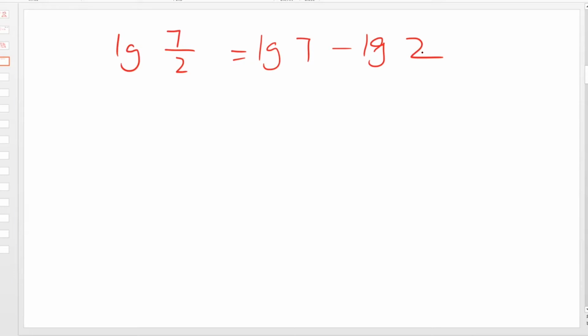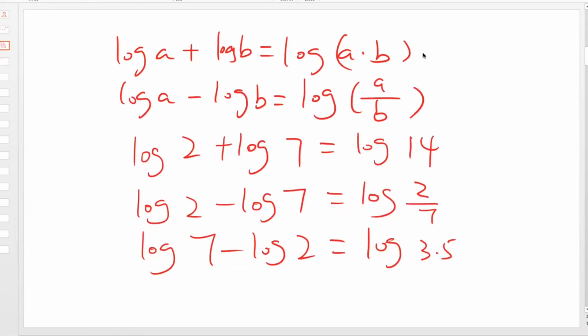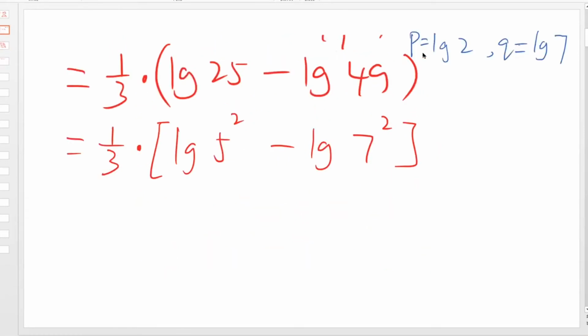Okay, so let's move on to the next question first. Actually, I got the answer for this one. Basically all we need to figure out with 2 and 7 is how do we get to 25? What are the ways you can get to 25? 5 times 5.